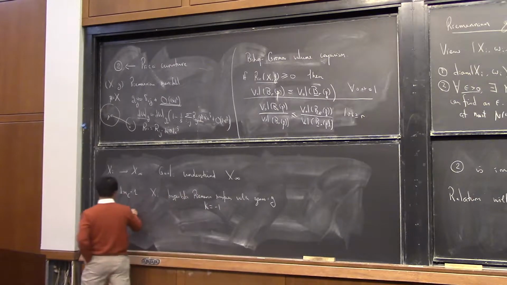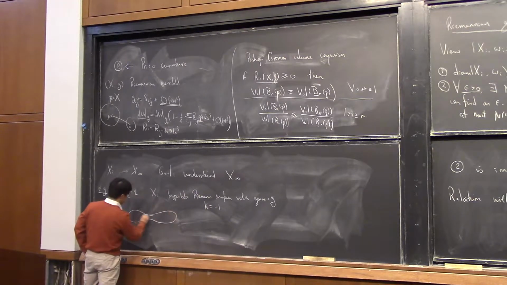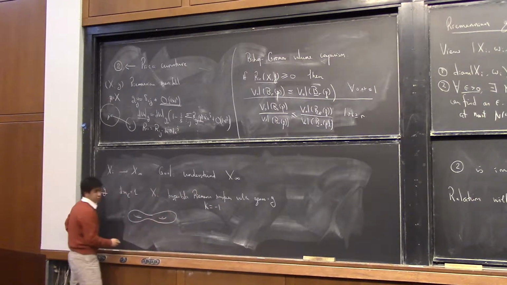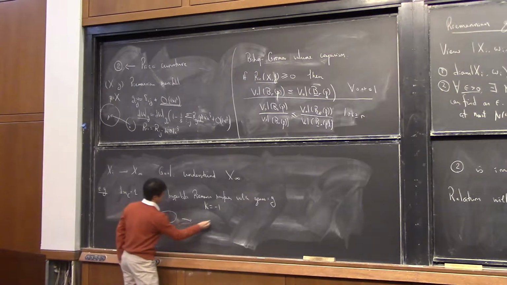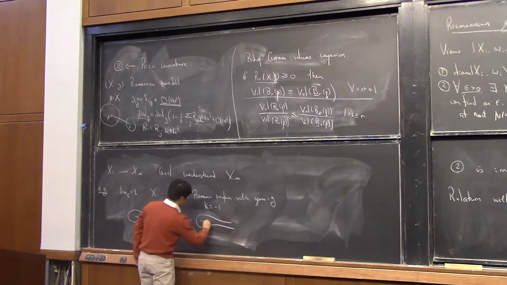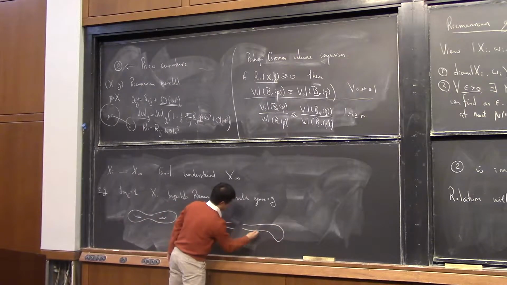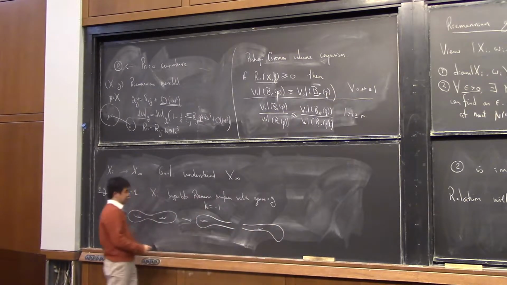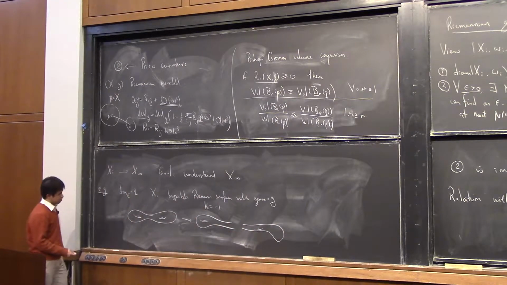Then the typical degeneration forms some long cusp in terms of this hyperbolic metric. So this is a case where the diameter is not bounded.